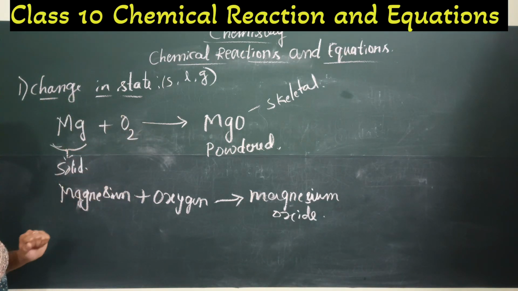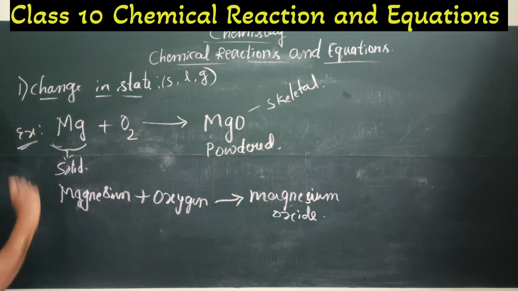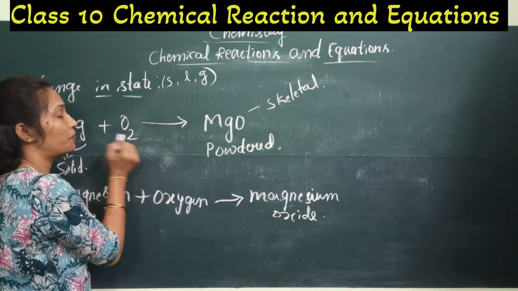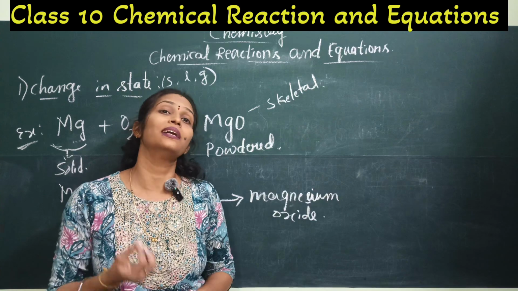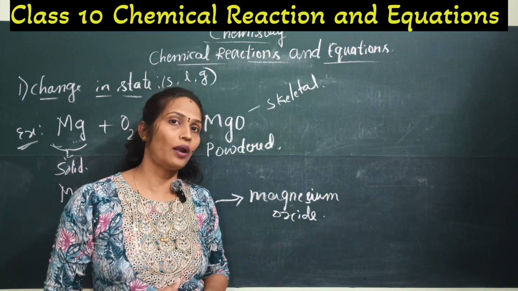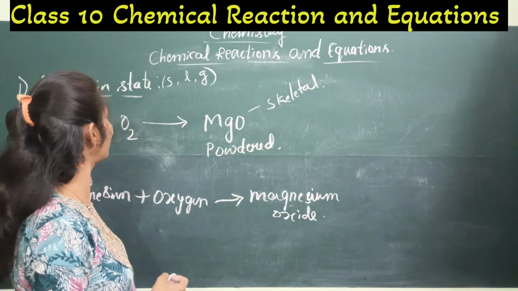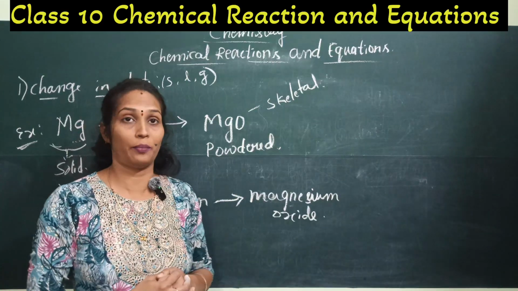Now I will explain the change in state. By this example, you can easily see that when we burn magnesium ribbon in air, a dazzling bright colored substance appears. That was very beautiful.